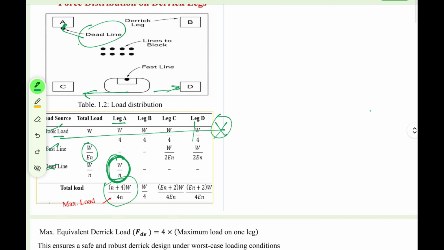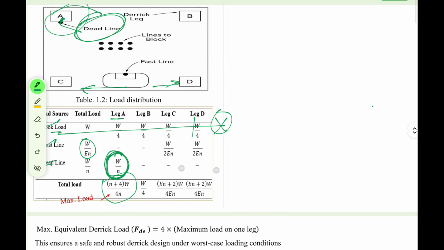So what is the logic, what is the motive behind this? If leg A is experiencing more load, then the chance of a leg falling down is very high. In any case, if any of these four legs falls down, the whole rig system collapses. So we have to introduce another term, called maximum equivalent Derrick load.